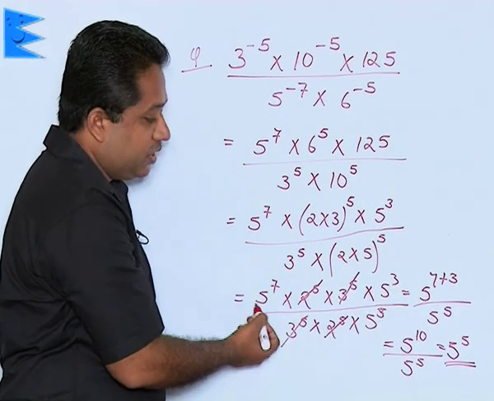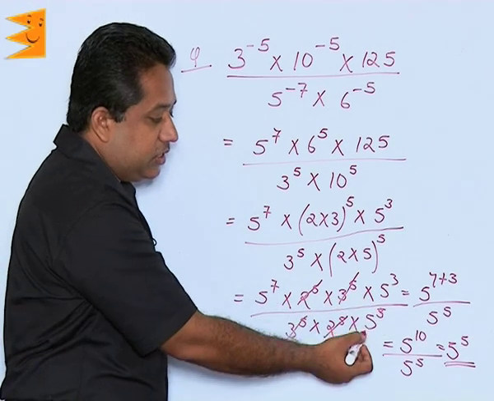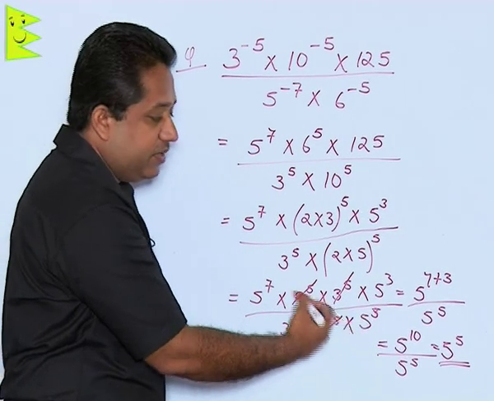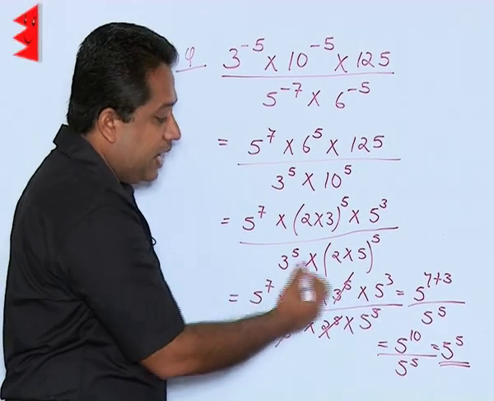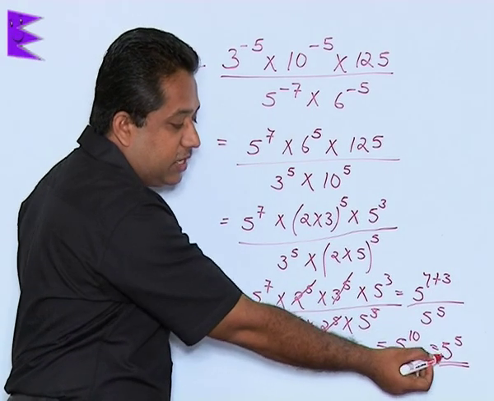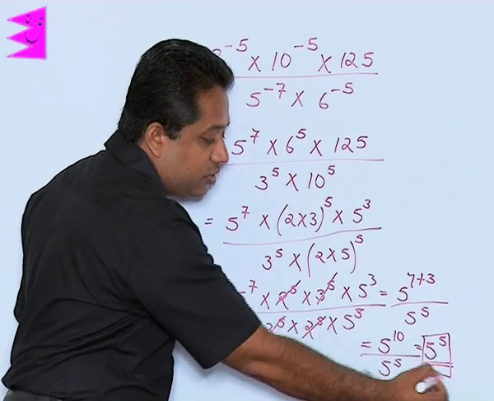When we opened the brackets, we found that some of the terms are cancelling, and the remaining terms which were left, we saw that the bases were same, and if bases are same, we can add the powers in case of multiplication and we can subtract the powers in case of division. So final result we get is 5 raised to the power 5.